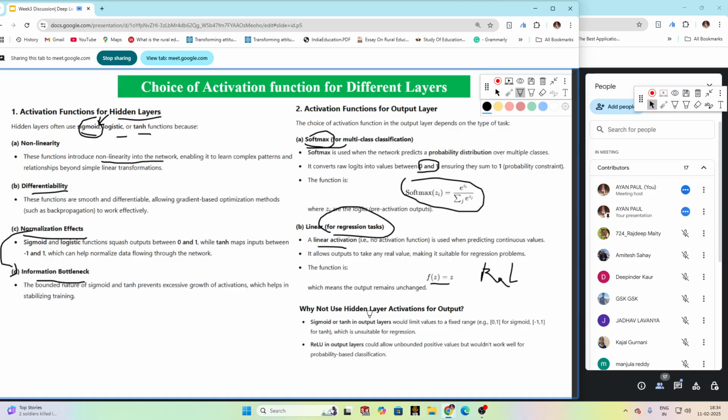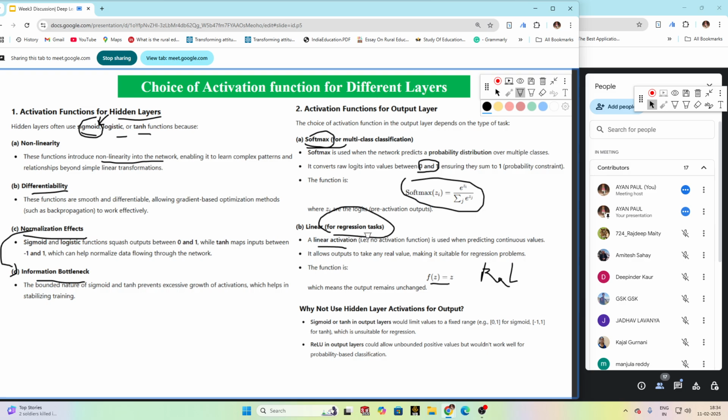Why not use the hidden layer activation for the output? Because sigmoid or tanh in the output layer would limit the value from 0 to 1, which is a problem. ReLU in the output layer could allow unbounded positive values, but wouldn't work well with a classification problem.